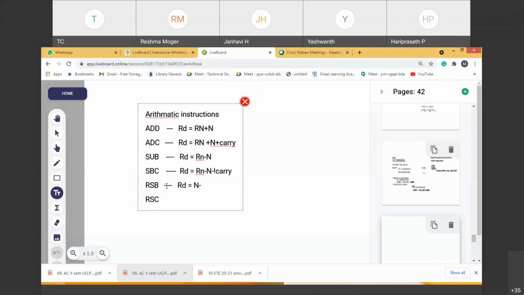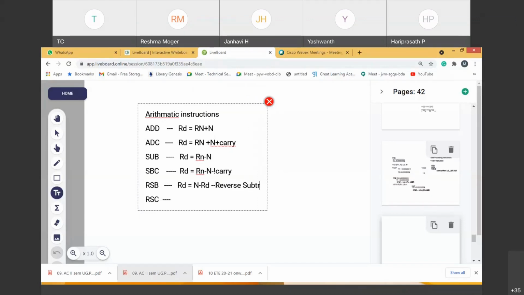So both numbers are clearly understood by the processor. That's how these kinds of instructions can be easily executed, which is RSB, that is reverse subtract. Please remember, above things you can easily remember.